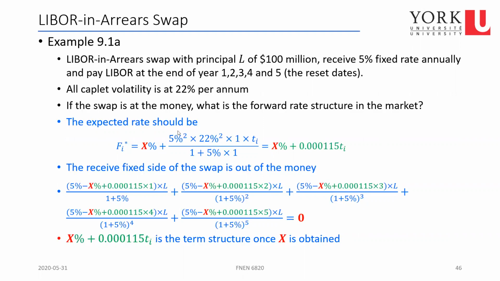In this case, this value is still calculated the same way. We just have to figure out what this x is, with the condition that the swap value is 0.